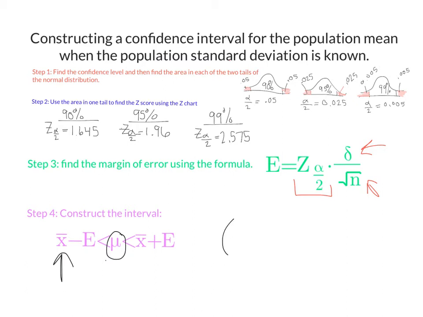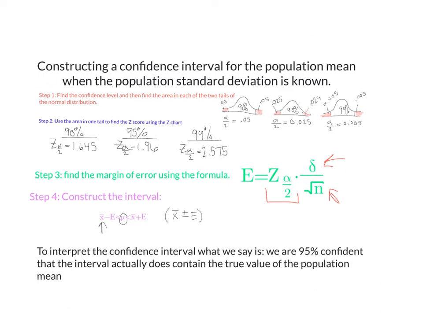So what you have here is just your sample mean plus or minus your margin of error, which gives you the interval that your population mean will fall in at a specific confidence level.